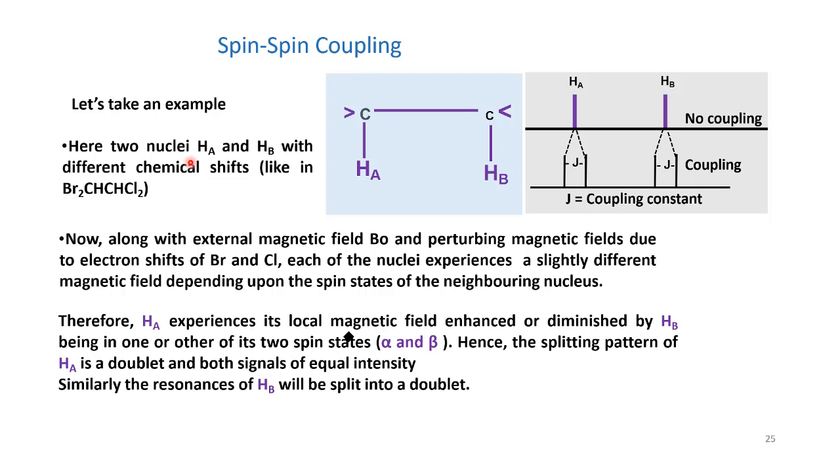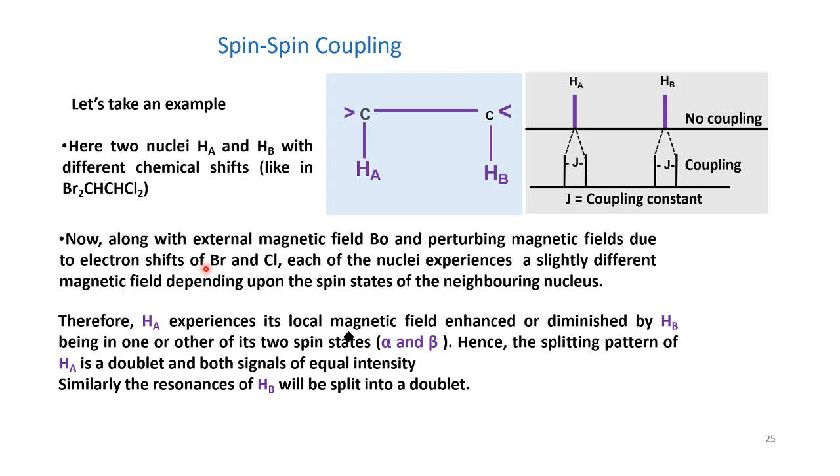So here we have two nuclei HA and HB with different chemical shifts. Like one is bonded with a highly electronegative atom. So when we apply an external magnetic field, the magnetic field will perturb, and due to that, the electron shift of bromine and chlorine will affect it, so the magnetic field will perturb their shifts.